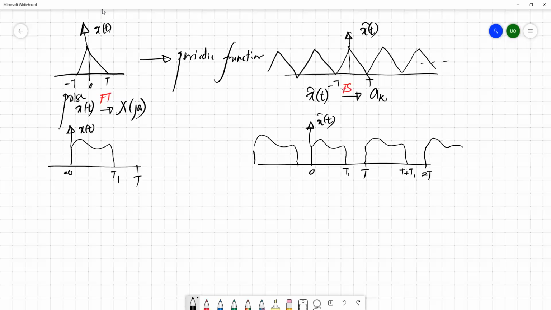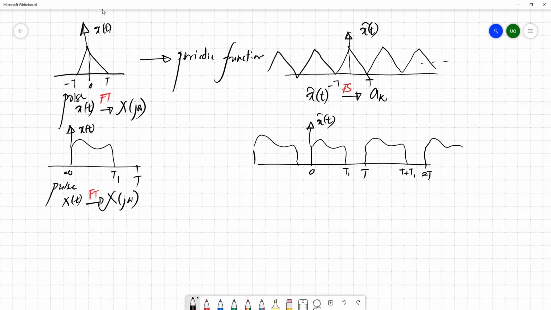This is the pulse. You can easily evaluate the Fourier transform by applying the previous equations.